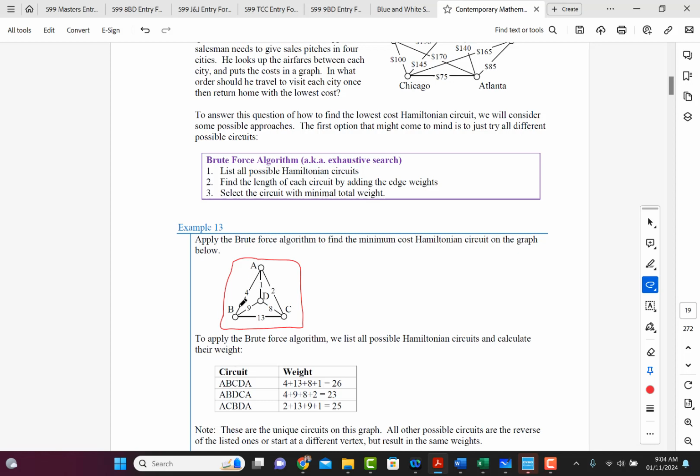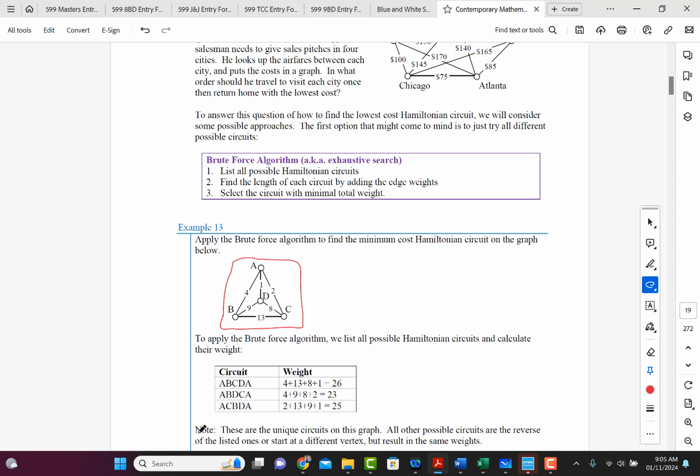So we can go A, B, C, D, A. We can go A, B, D, C, A. Or we can go A, C, B, D, A. Now keep in mind, any other combinations that we can come up with are just repeats or reverse order of the other ones.